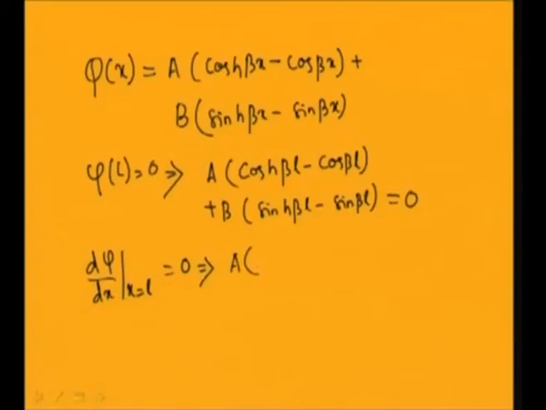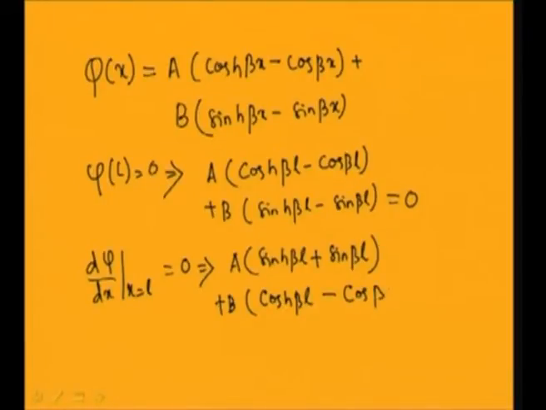So this implies a into sine hyperbolic beta l plus sine beta l, plus b into, for sine hyperbolic this becomes cos hyperbolic beta l, and for sine this becomes minus cos beta l. So this whole multiplied by beta equal to 0. As we have differentiated it once, it is multiplied by beta.